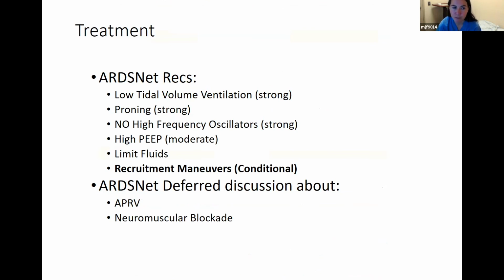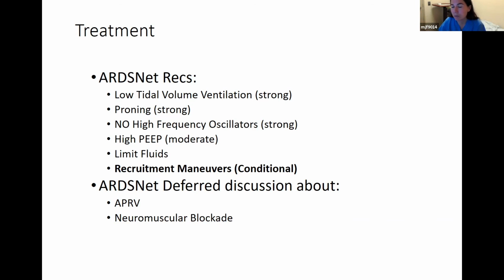In terms of recruitment maneuvers, ARDSNet made a conditional recommendation. I don't have any papers about recruitment maneuvers, but we touched on the open lung strategy earlier. So the idea is trying to open up the lung and keep it open. There are different ways that you can do this. What I've seen here is basically just turning the PEEP up really high for a little bit of time and then coming back down, the key being coming back down to a higher PEEP than when you started.